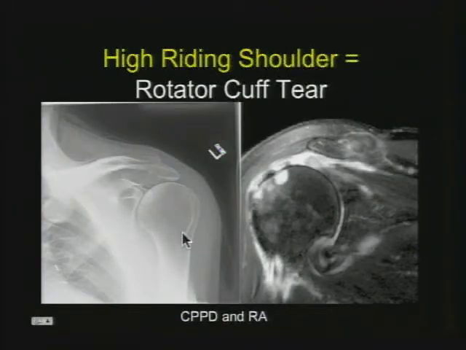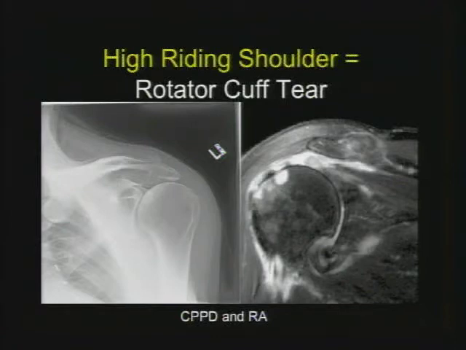I know we're in the foot right now, but I couldn't help talking about the shoulder for a second, showing that case, and showing you the high-riding shoulder. When your distance between the undersurface of the acromion and the top of the humeral head is 6 millimeters or less, that's a high-riding shoulder. What does that mean? It means rotator cuff tear. That's all it means.